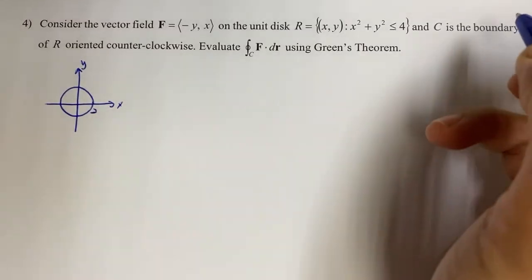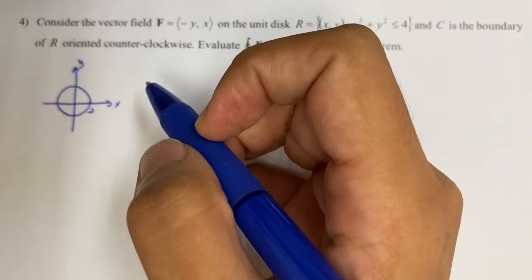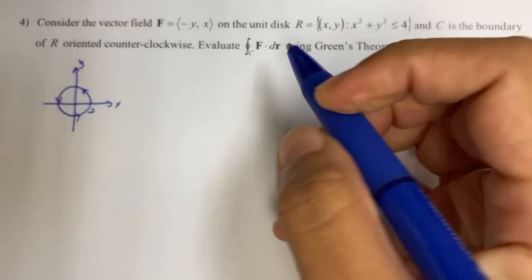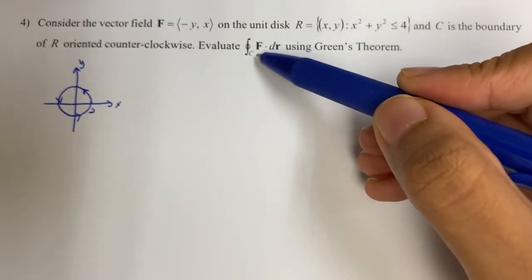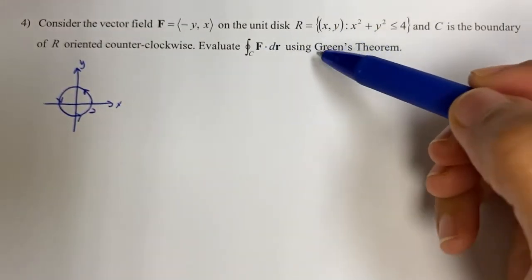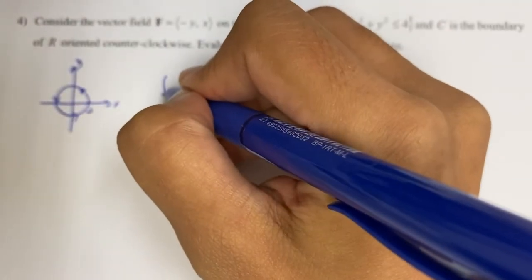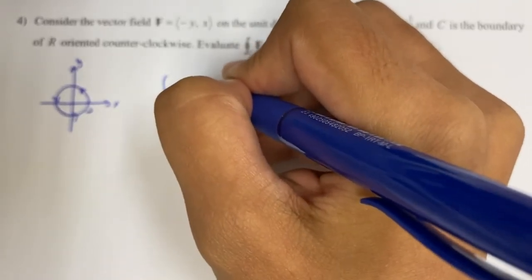And C is the boundary of R oriented counterclockwise, so it moves to the left. Evaluate the line integral of F dot dr using Green's theorem.